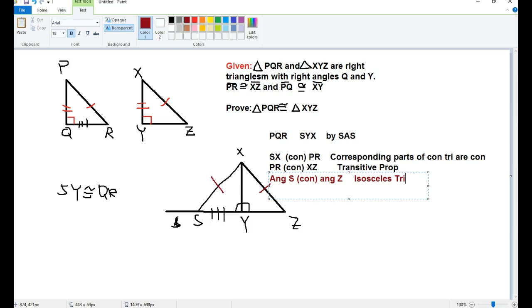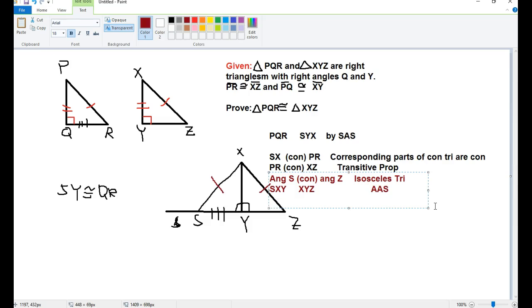So now we have a side, an angle, and another angle. A side, an angle, and another angle. So we could show that triangle SXY is congruent to XYZ by AAS.